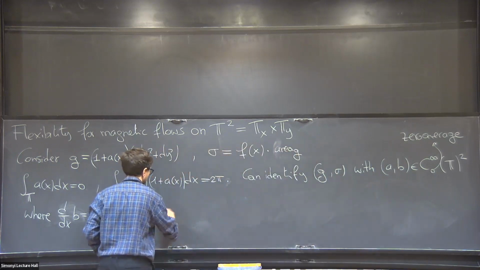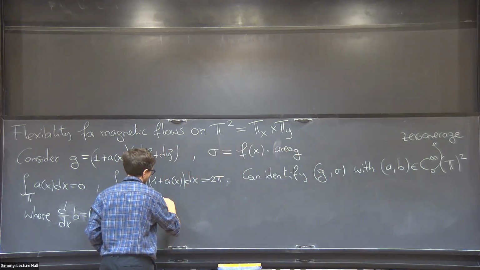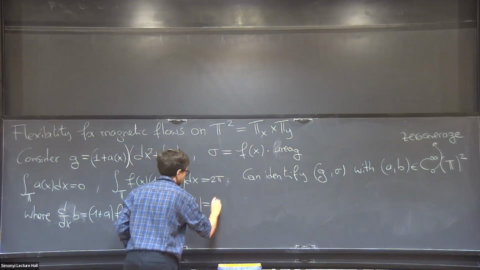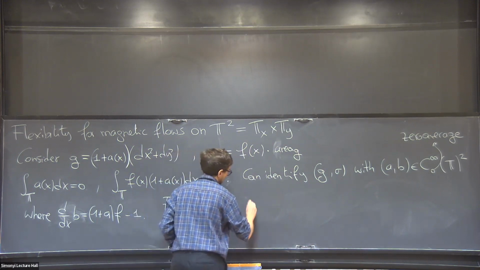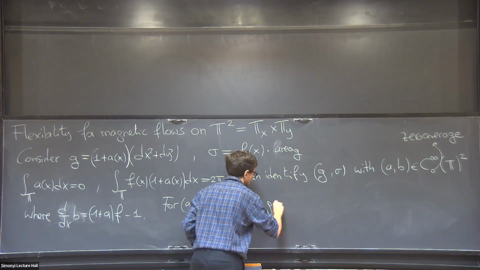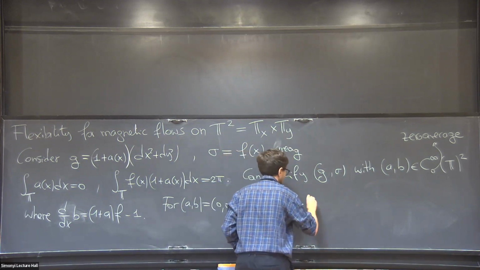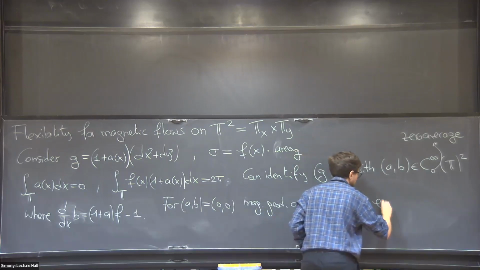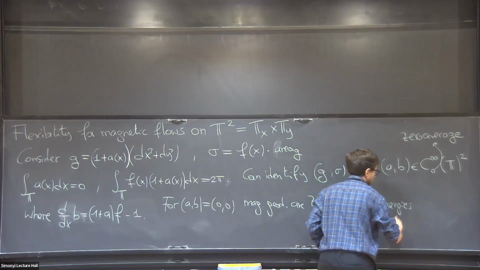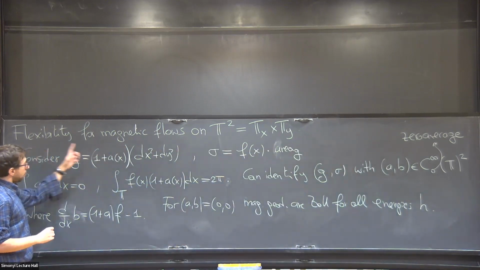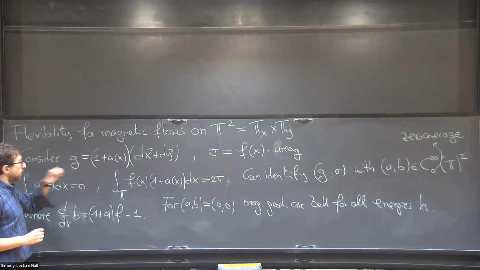So then you know that for (A, B) equal to (0, 0), you have magnetic geodesics are Zoll for all energies. Okay, and then I am going to explore now in this class of systems where I found Zoll ones.